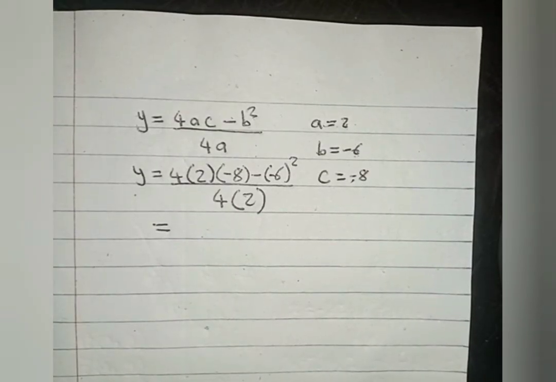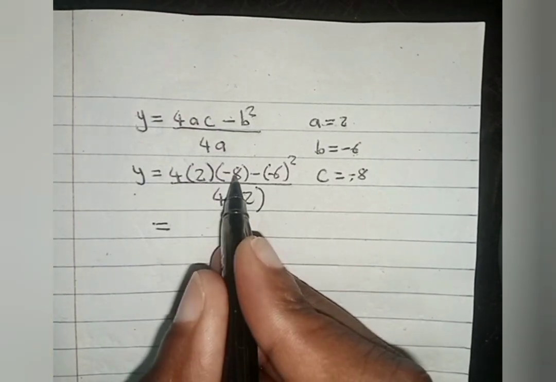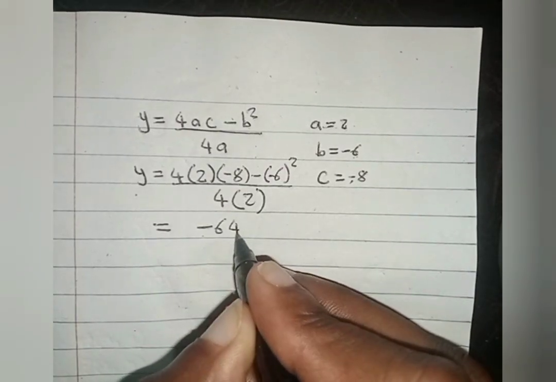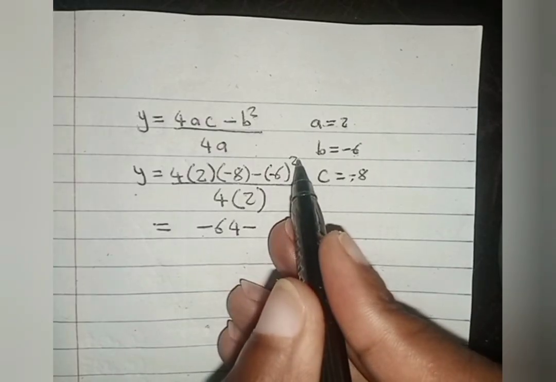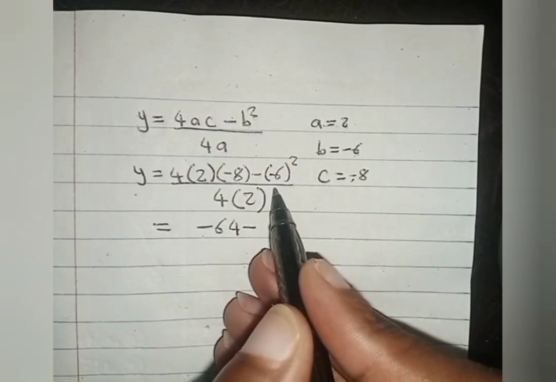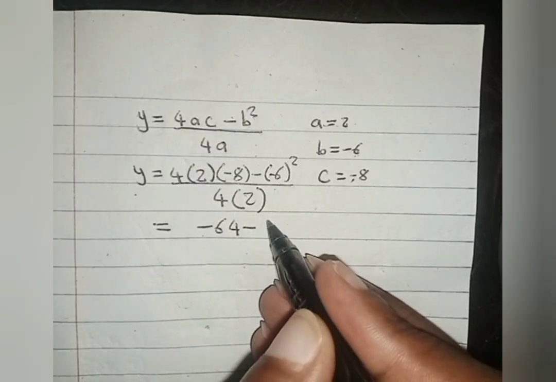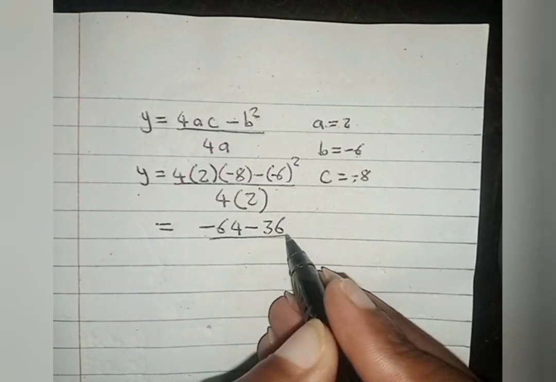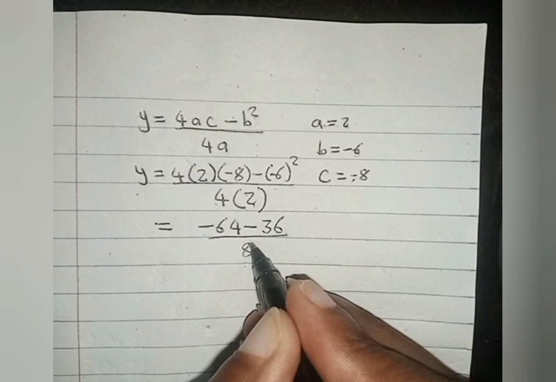Then 8 times -8, we get -64. Minus then -6 to the power 2 in brackets, this means -6 times -6, which will give us positive 36. Now everything divided by 4 times 2, we get 8.